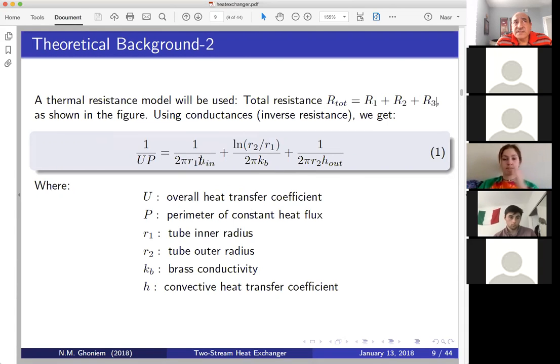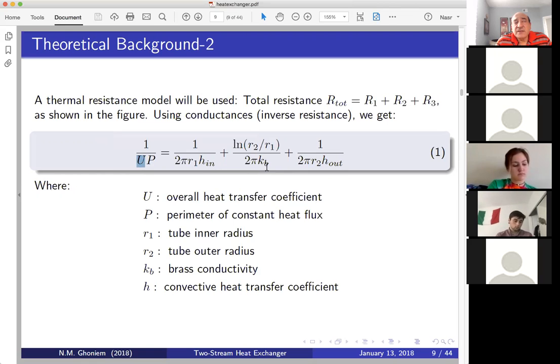The only difference is that H in is for the hot and H out is for the cold fluid. Everybody agrees with that? So let's say that I want now to figure out what this value is. This is what I want, this capital U. That's the objective.